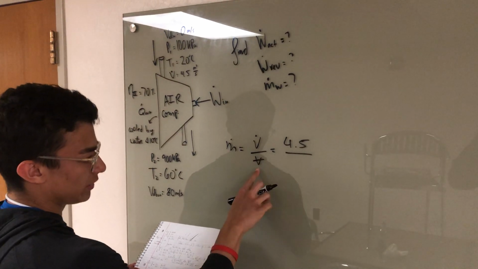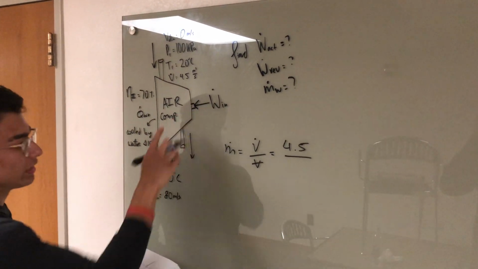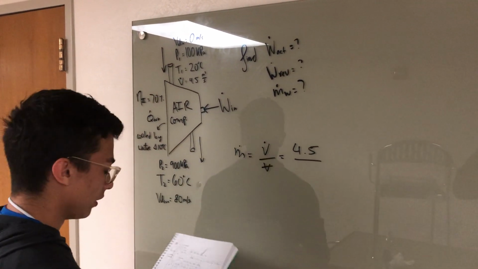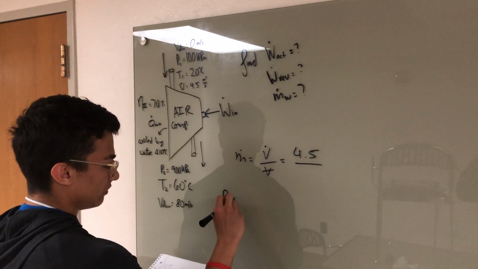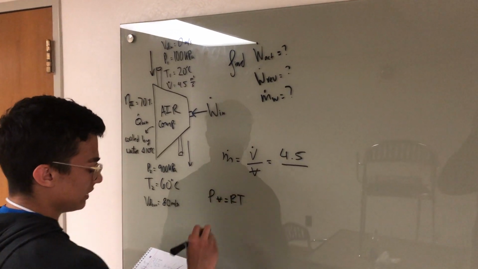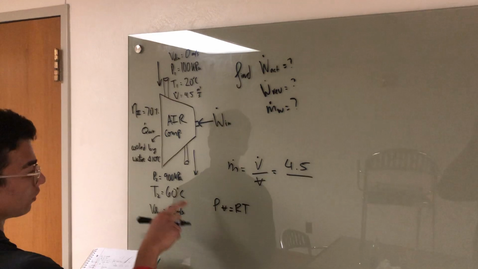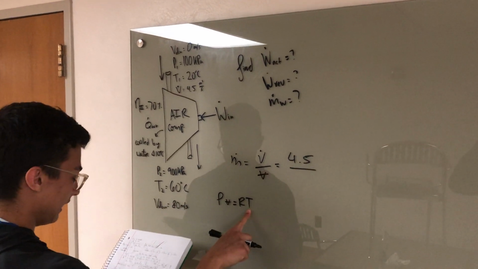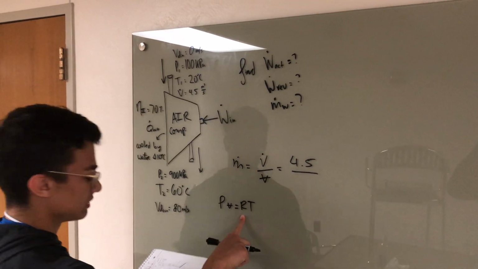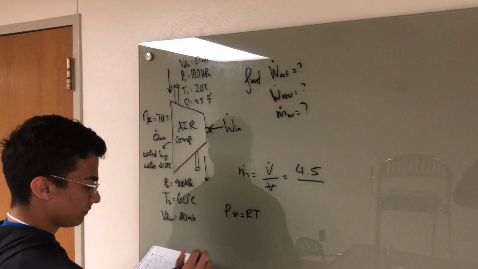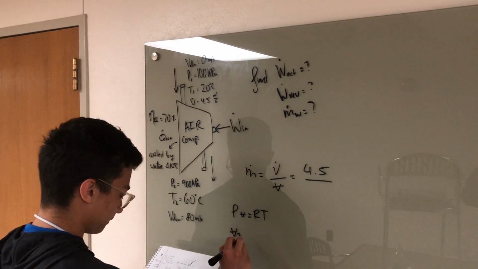But you're like, how am I going to get the specific volume if I'm dealing with air? There's no tables that I can go to. Well, just write down your PV equals RT equation, and you're given your pressure, your temperature, and the R value here, since we're dealing with air, is 0.287, so we can just solve for that.